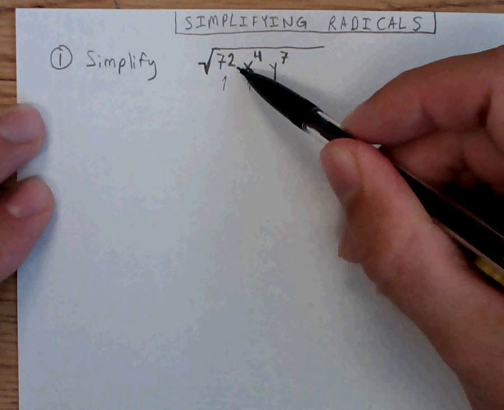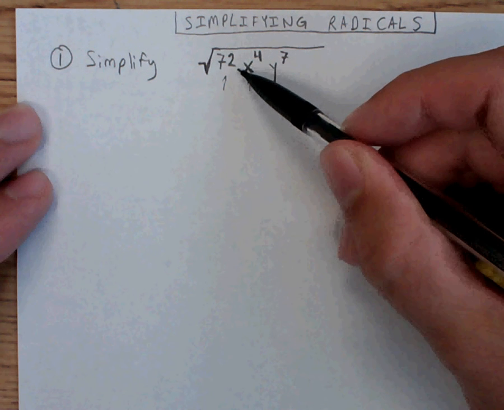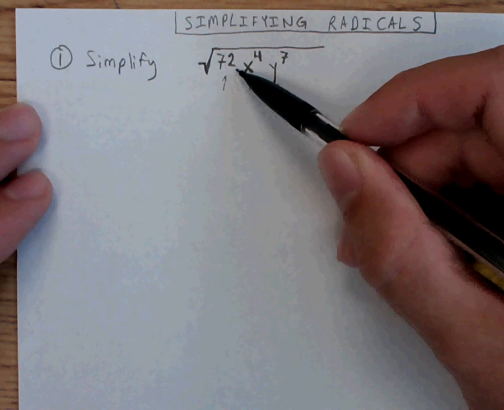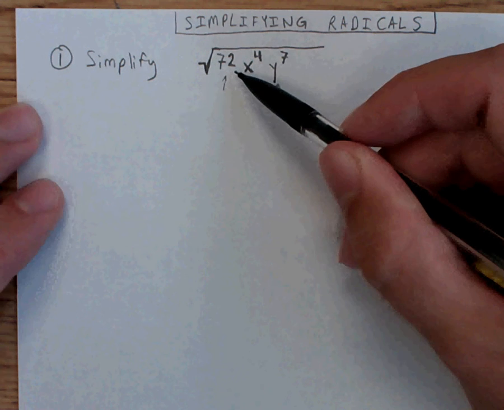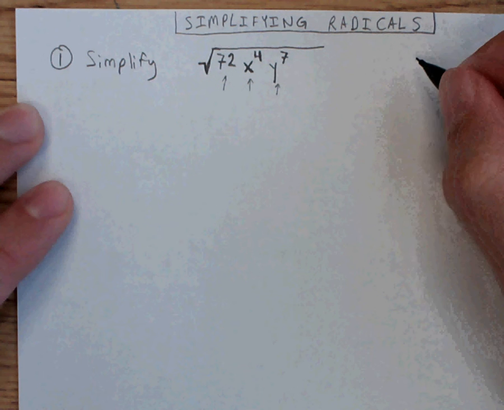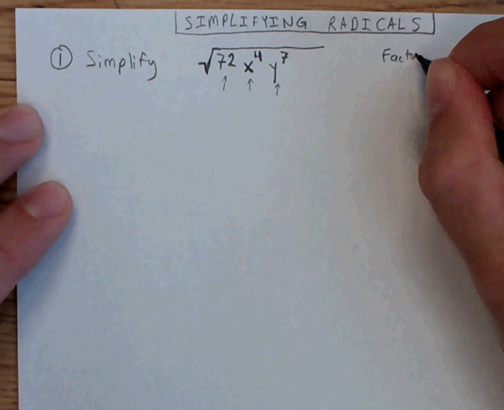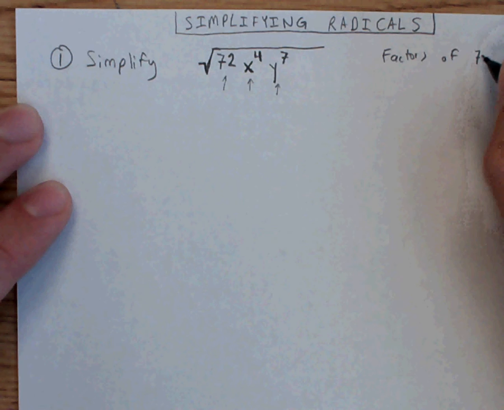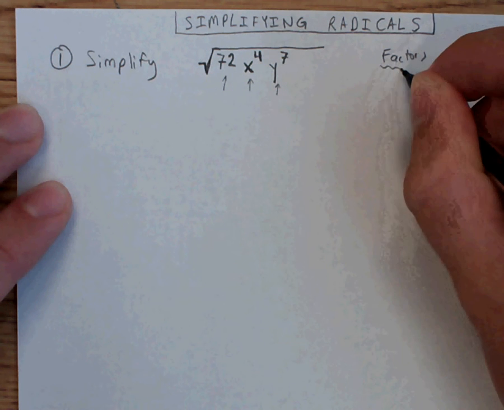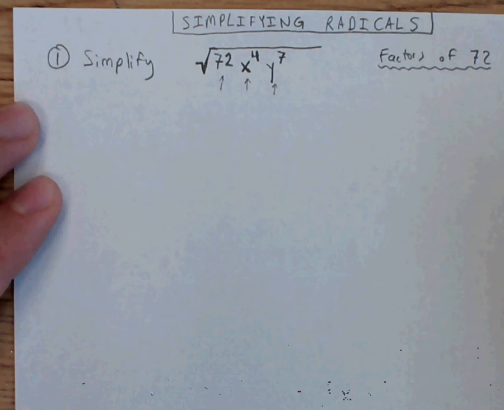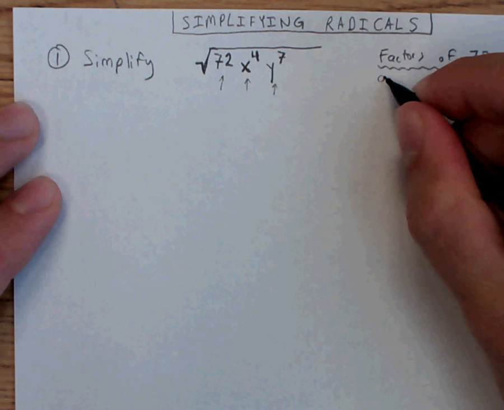If we want to simplify the 72 under the square root, we want to factor 72 into two numbers, one of them which is a square. Well, let's just think of some factors of 72. Let's just think of some possibilities. We could do 9 times 8.